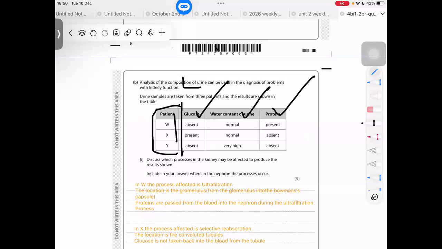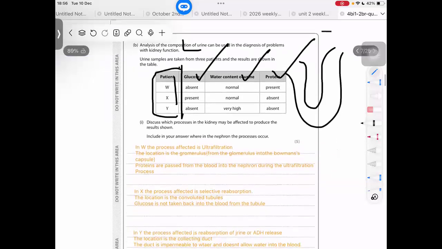By looking at the results, we have to determine where exactly the issue is in that particular nephron, that means the tubule.